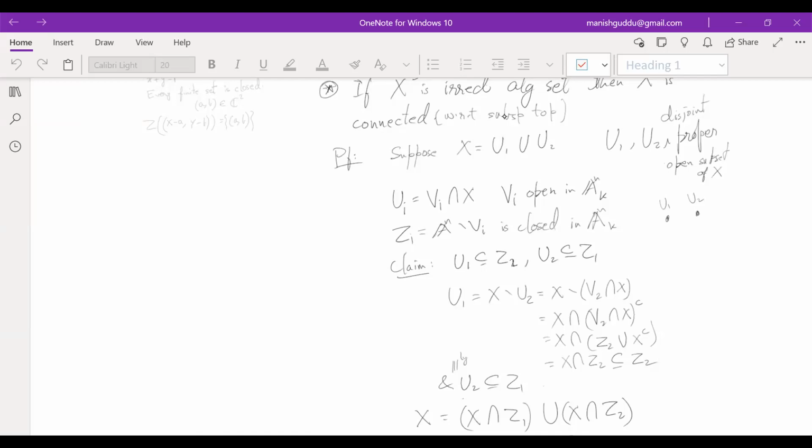Since Vi is open in A^n(K), Zi is closed, so Zi is given by some polynomial, if you like, and so you get these two closed subsets, and more or less X is going to be a union of these. X is an algebraic set.